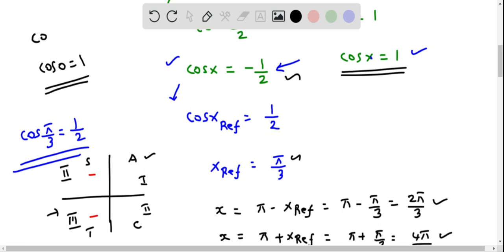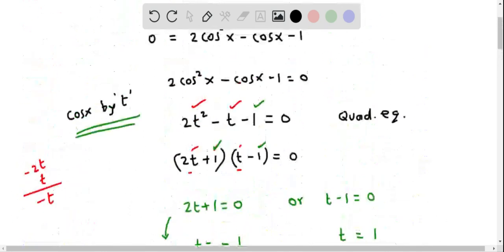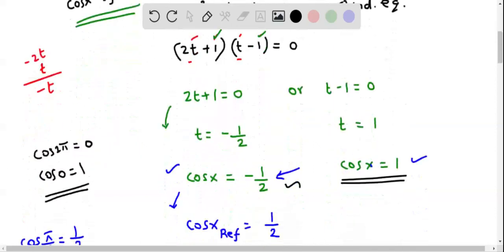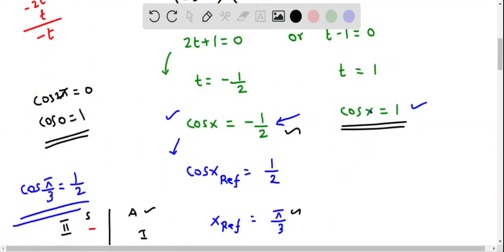And also cos 2 pi is 1. However, in the problem, we are given that 2 pi is not included. So we are not considering 2 pi as a solution. We can ignore that. Therefore, here x has only one solution, that is x equals 0.